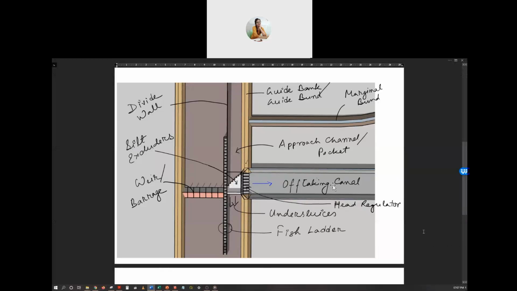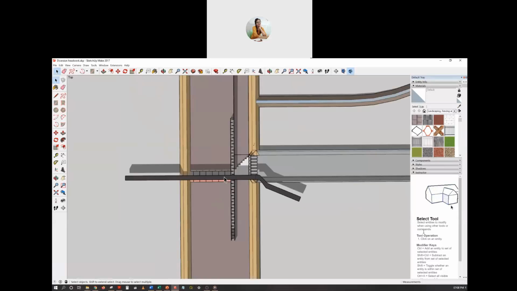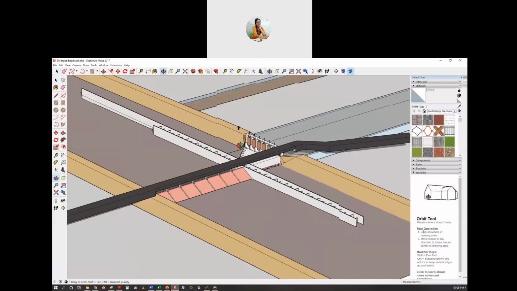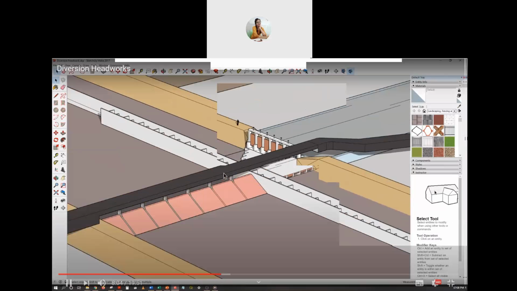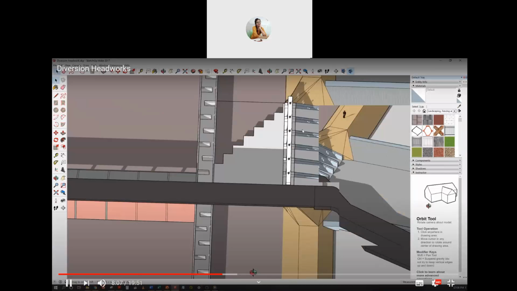Now, let us look at the structure from a 3D perspective. So this is the structure from the top view. These are the embankments, the guide banks or guide buns.